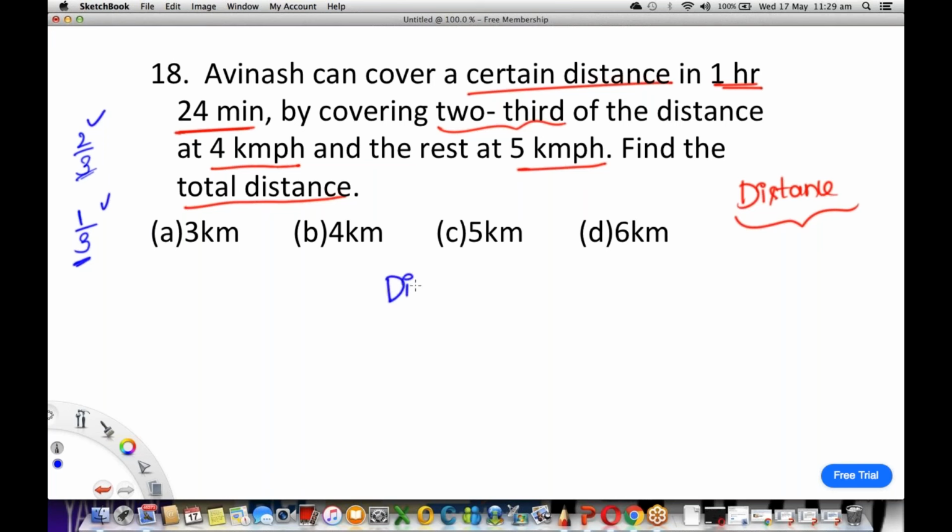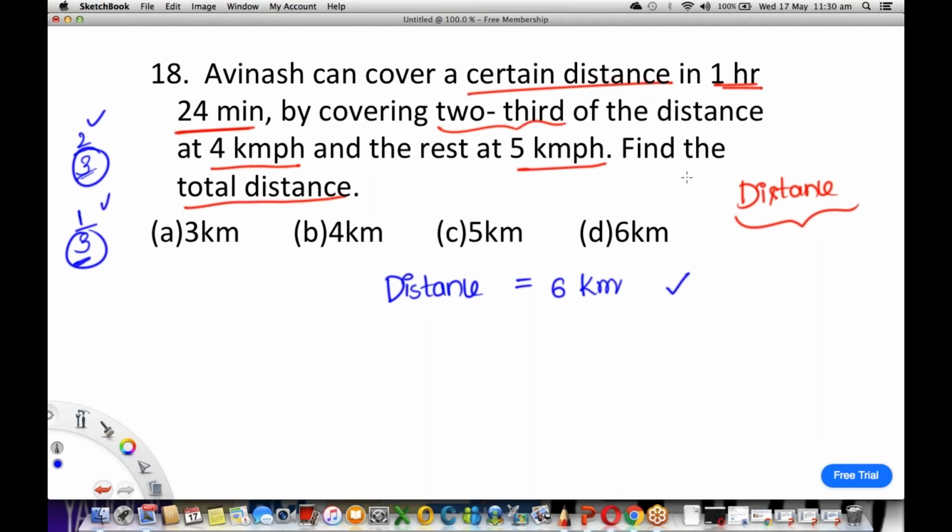Because I don't know the distance, I'm just going to plug in a random number for the distance. I'm assuming it as a multiple of 3. So I'm assuming my distance as 6 kilometers. This is just my assumption.